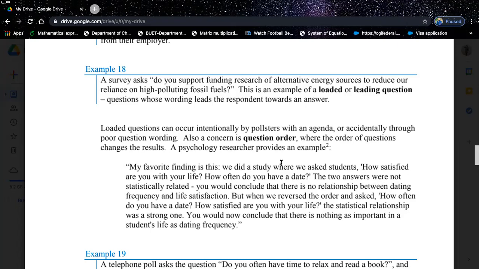For example, you actually encounter a question where it asks you whether you're satisfied or not.